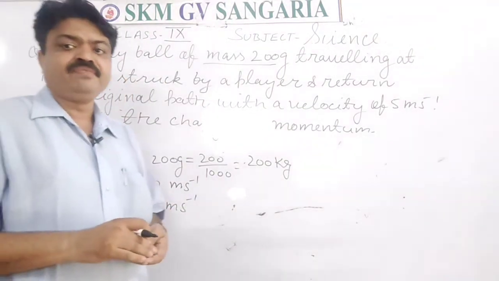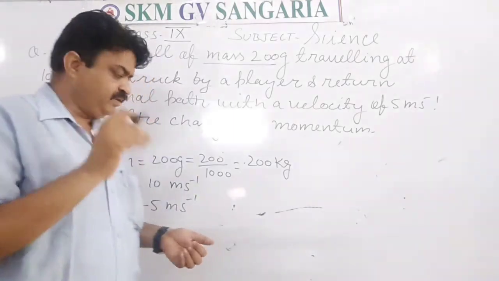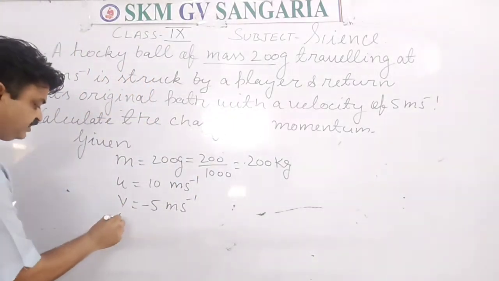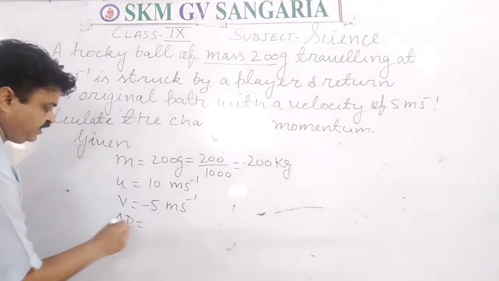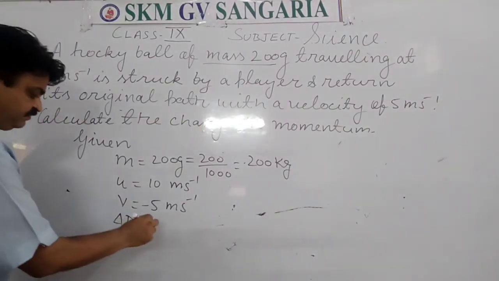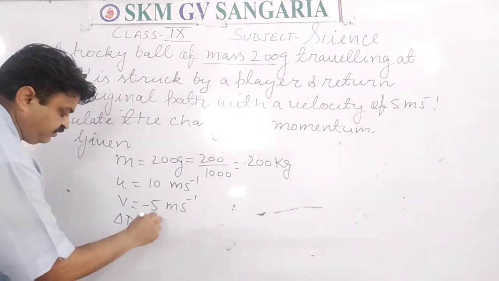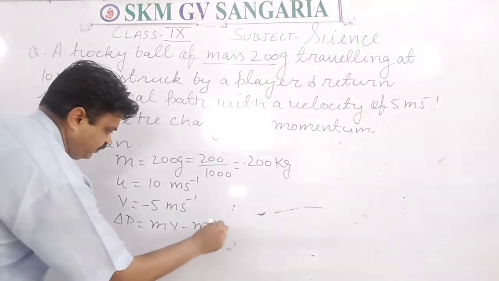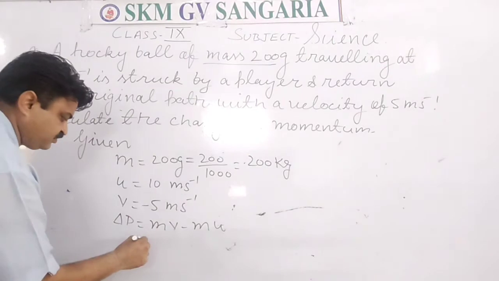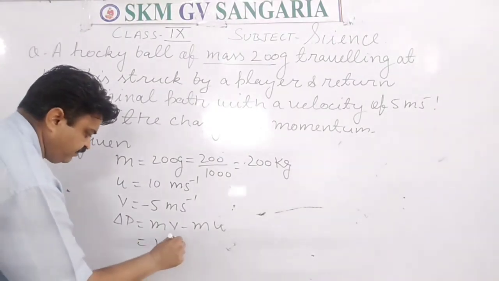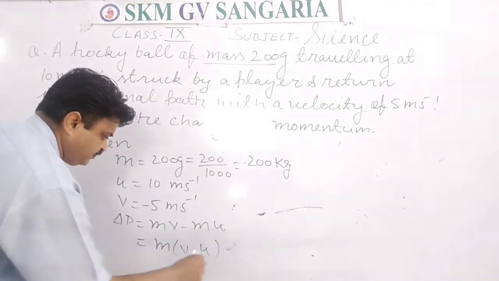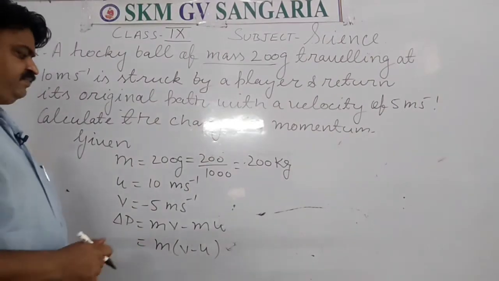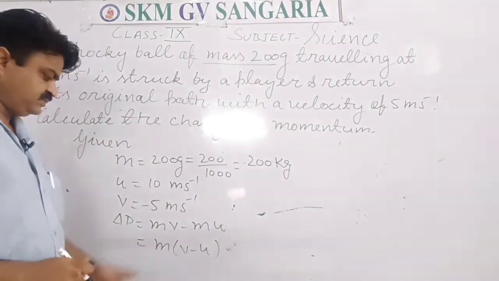And the formula that we use here is for the change in momentum, delta P. This we will try to find out. And what is the formula of this? mv minus mu. Here the m is common, student. So the formula that we will use is m(v minus u).